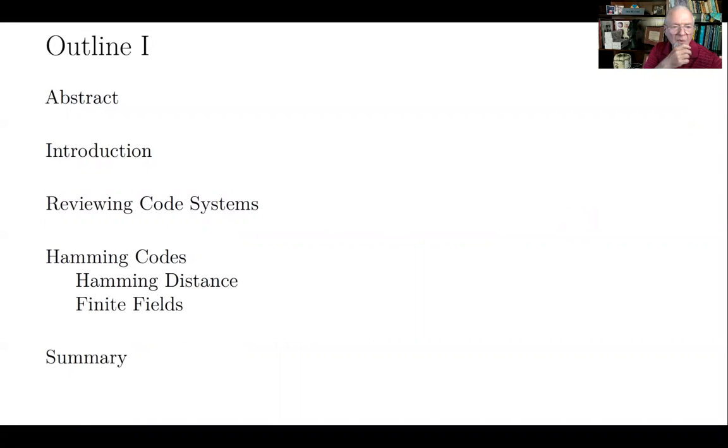Okay, so we're going to do a short introduction, review of code systems, and do Hamming codes. In particular, we're going to do the famous Hamming 7,4 code, which was the example in Shannon's 1948 paper, because Hamming was a colleague of Shannon.